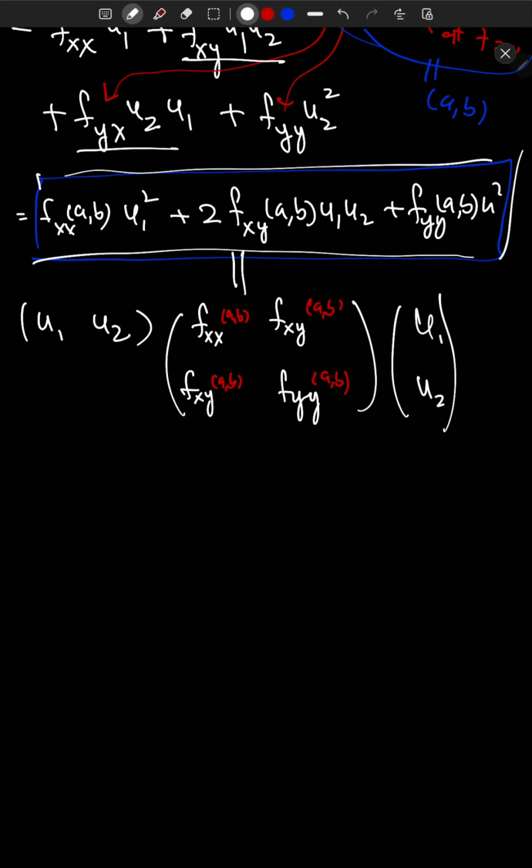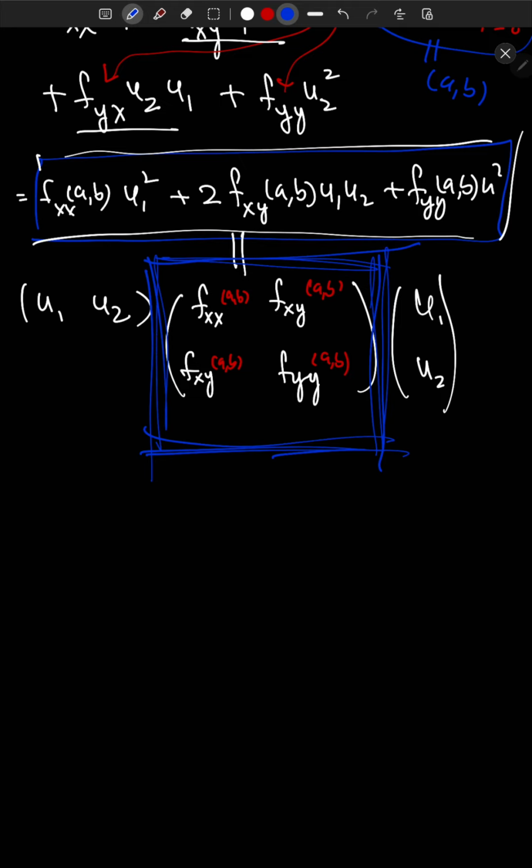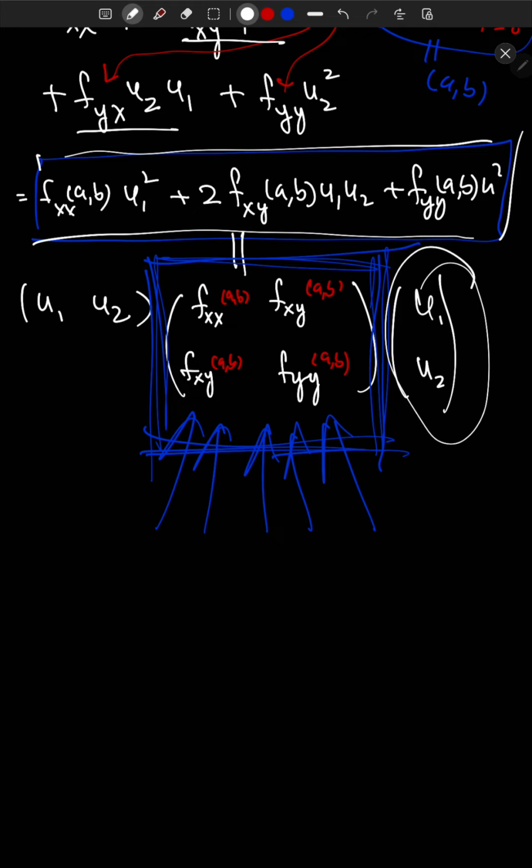Now, here's the important point. This guy here encodes all the information about the second derivative. It tells me how my function curves in the direction u. Here is my u: u1, u2. If we think about this in terms of linear algebra notation, this would be u transpose, but you don't have to worry about that. u1 comma u2 is u.